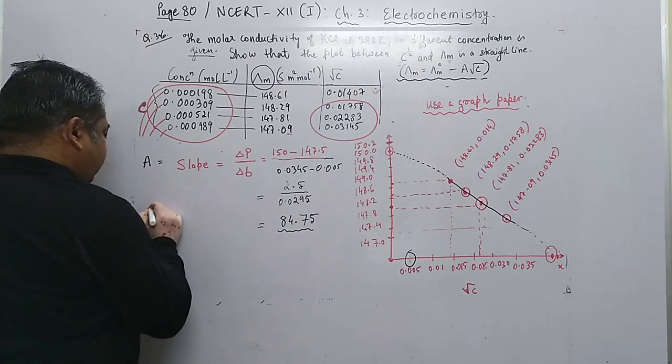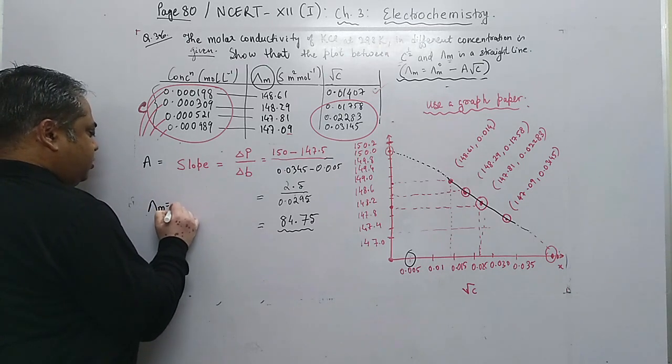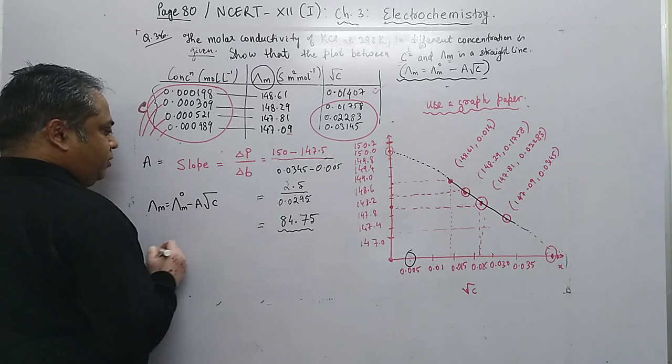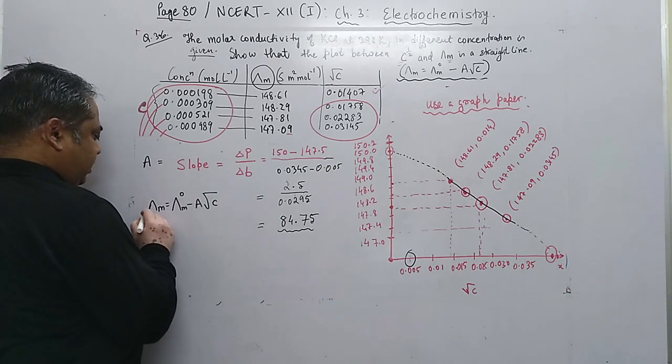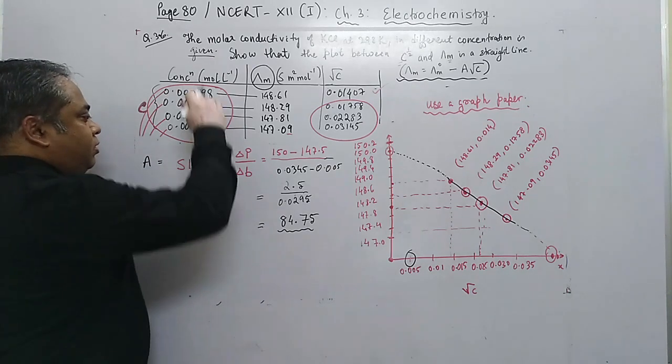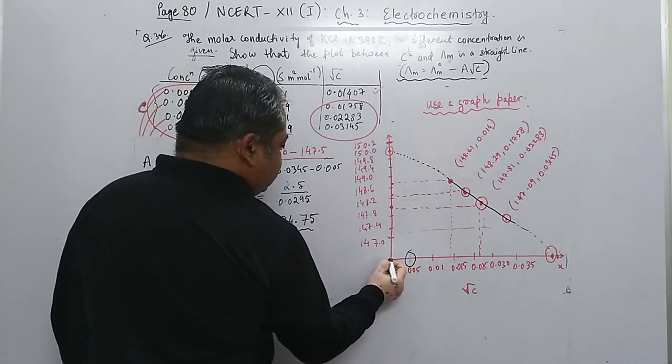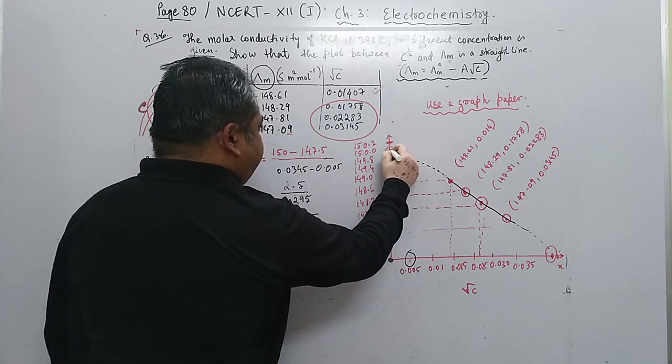In the equation, lambda m is equal to lambda m at infinite dilution minus a root c. Value of lambda m varies with concentration, but lambda m at infinite dilution means when concentration is 0 at that time.